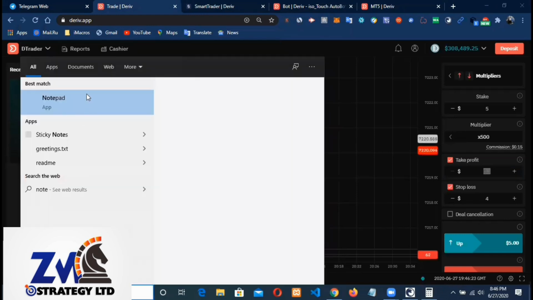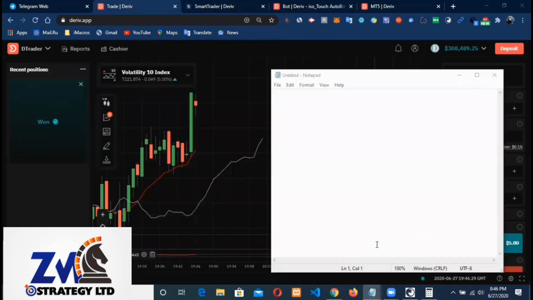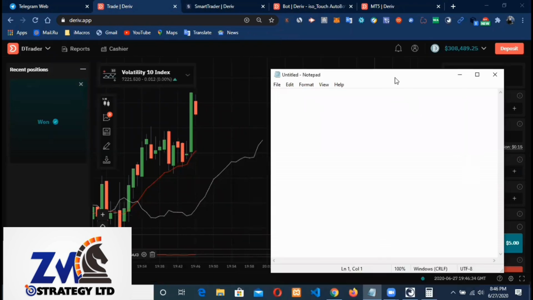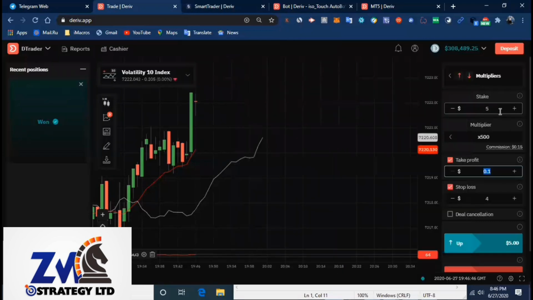Let me write the balance. Now we are having 308,489.25. Now let's also take a trade. Let's say we're also targeting 0.1 as our take profit.